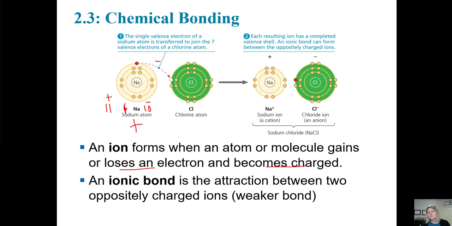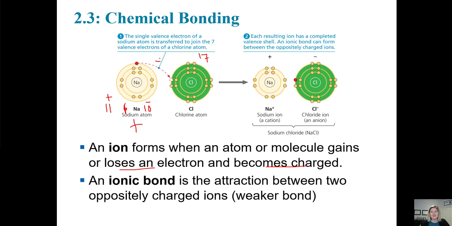Chlorine, on the other hand, chlorine has 17 protons, I believe, so 17 electrons. And so if we look this up, 2 electrons fill the first shell, 8 fill the second, so that's 10. And then it just has 7 in its third shell, but it really wants 8. Okay, it really wants that last electron to fill its shell.